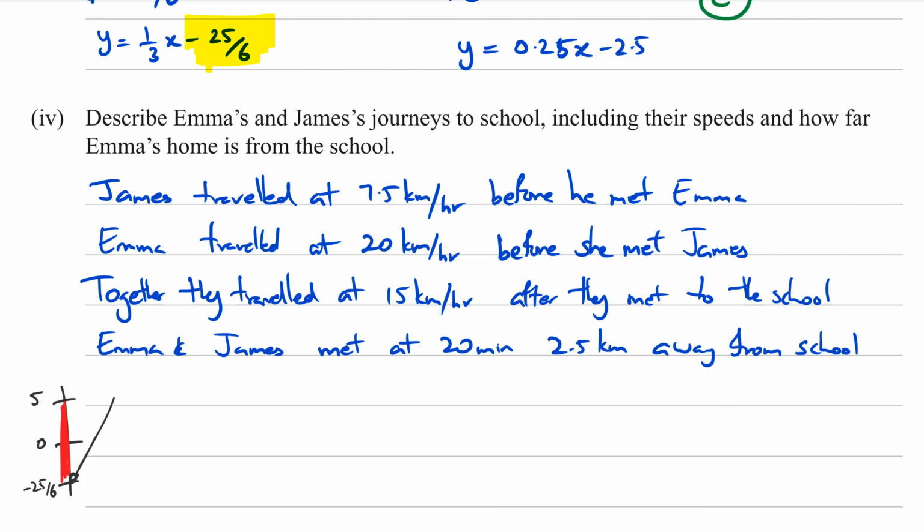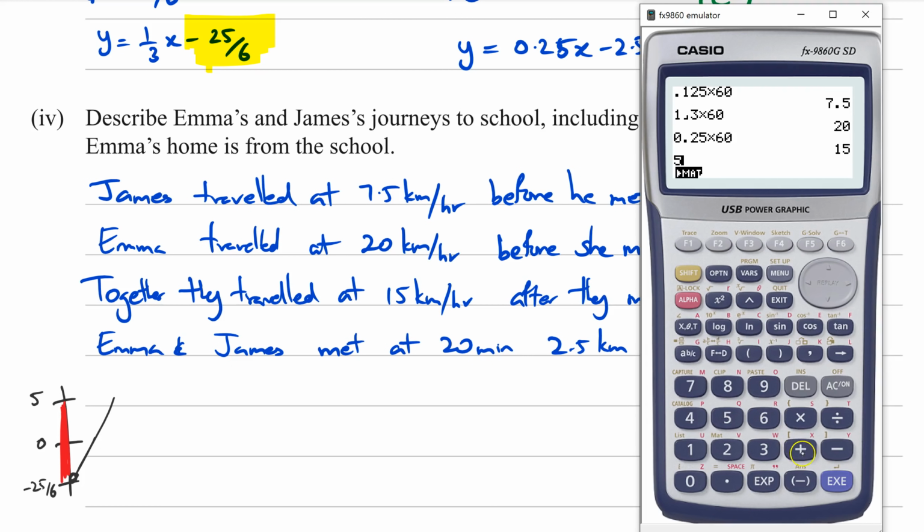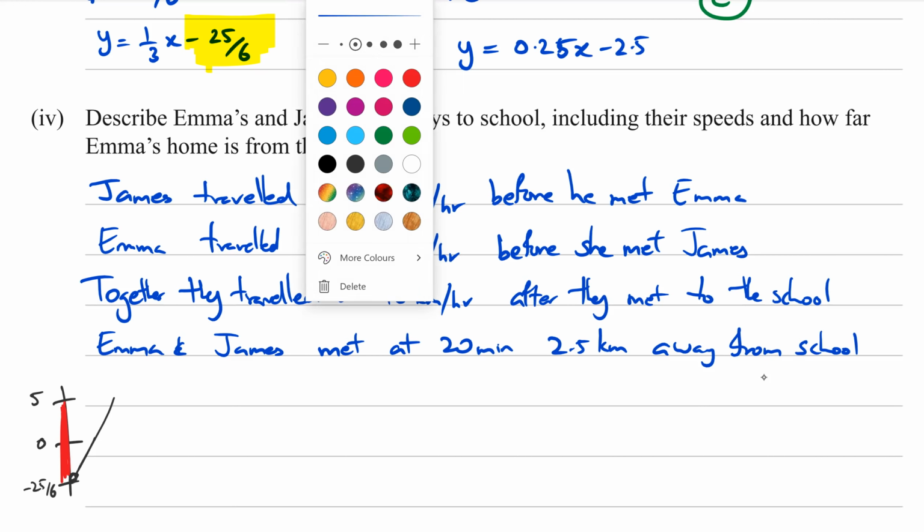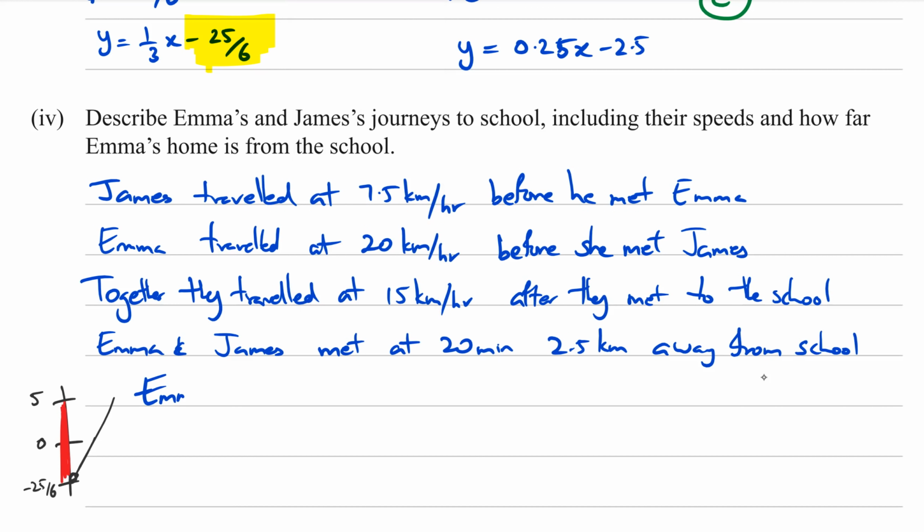So then what we've got to do is go 5 plus, it's not negative 25 over 6 because that's in the opposite direction, so I'm just going to put that as 25 over 6, which gives us 9.167 kilometers. So we can say as a statement that Emma lives 9.167 kilometers away from school.